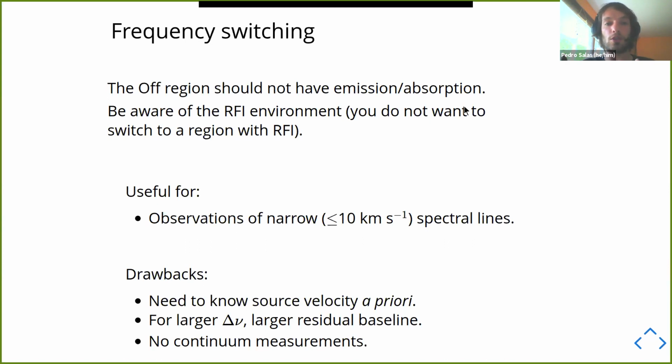Depending on how much you shift the frequency, the response of the system is going to change. So you're going to end up with residual baselines if you use a very large shift. And since you're subtracting the same thing, you're basically looking at the same position and subtracting it from itself, you cannot get continuum measurements using this method.